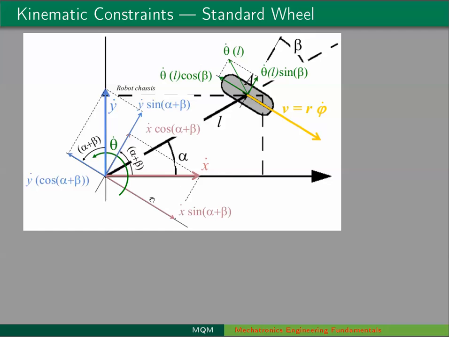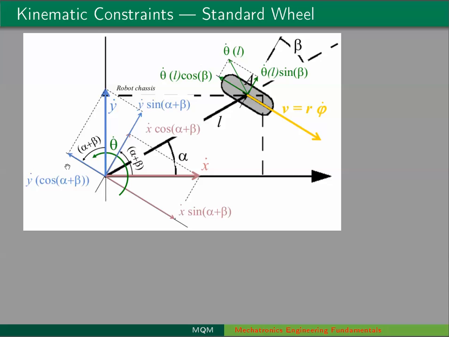So x dot can be decomposed into x dot sine alpha plus beta. So that's the component of x dot that is in the direction of the wheel plane. And the component of x dot that's perpendicular to the wheel plane is x dot cosine alpha plus beta. Similarly, the robot's y velocity can be decomposed into two components.